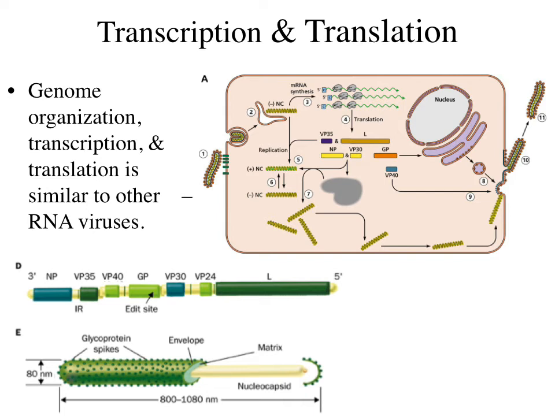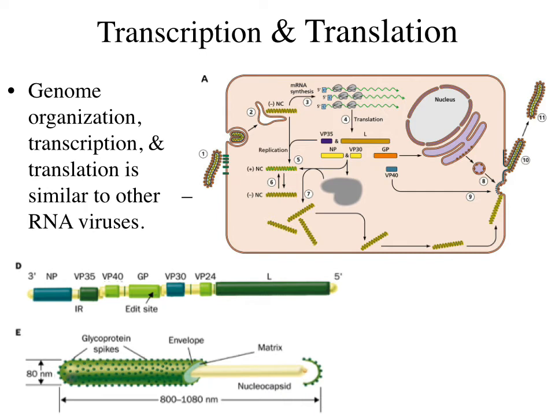Thus, the first gene, NP, is transcribed at the highest levels, whereas the last gene, L, is transcribed at the lowest. So attenuation of the transcription of messenger RNAs, just as we talked about with the rhabdoviruses and the paramyxoviruses.